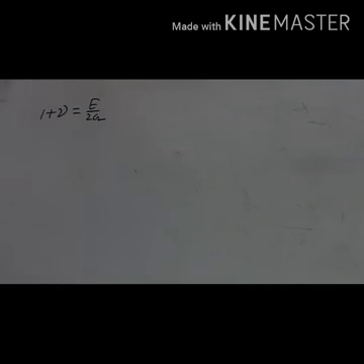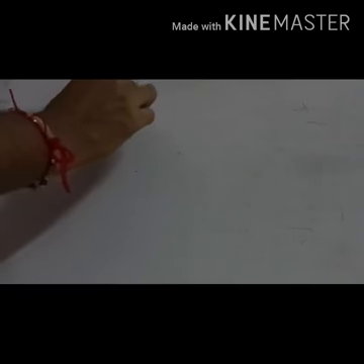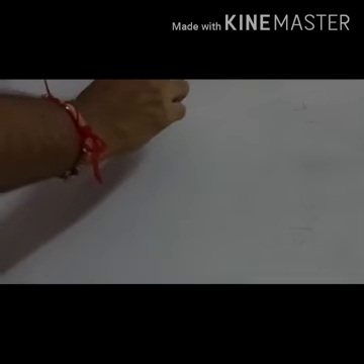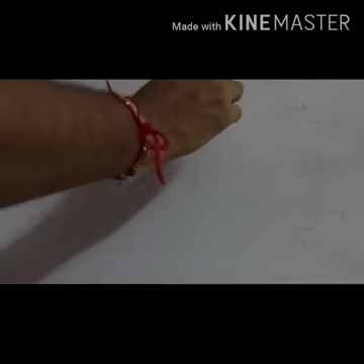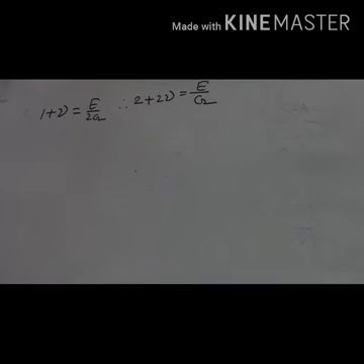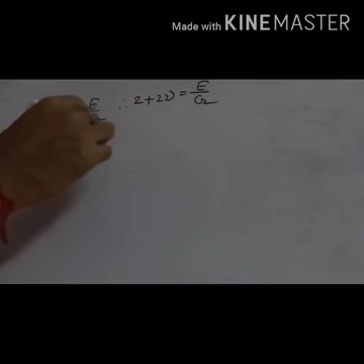Therefore, if you multiply both sides by 2, 2 plus 2 nu is equal to E by G. So 1 minus 2 nu is equal to E by 3K.